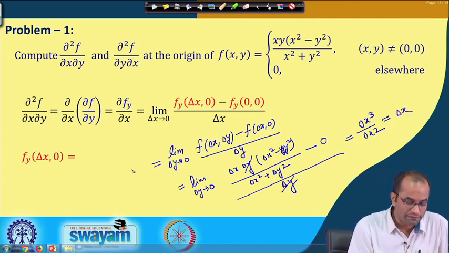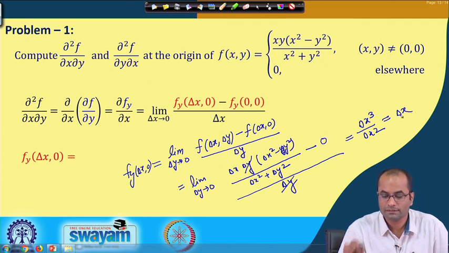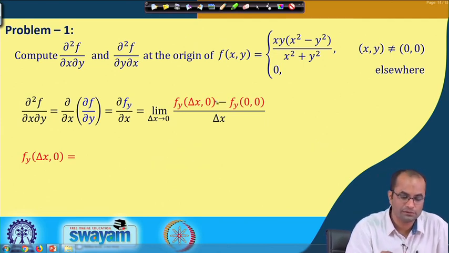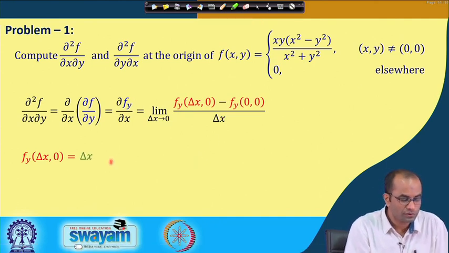So f_y(delta x, 0) we have computed as delta x.